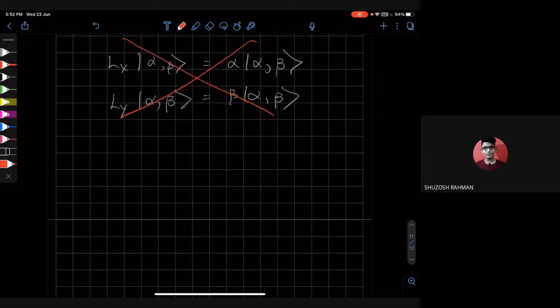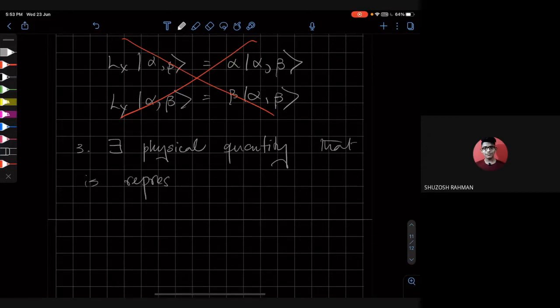Well, the third comment is important because it's going to set the stage for what's coming later: there exist physical quantities, or a physical quantity, that is represented by finite dimensional representations of the angular momentum algebra.